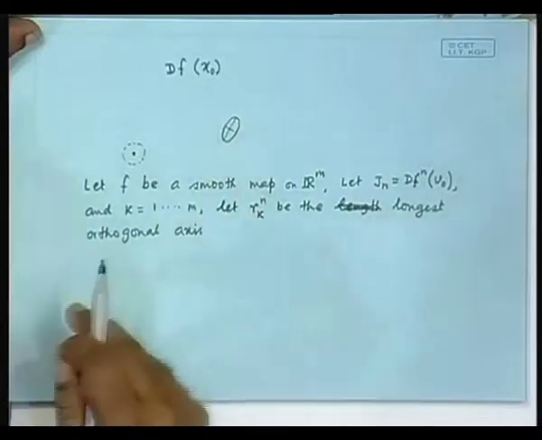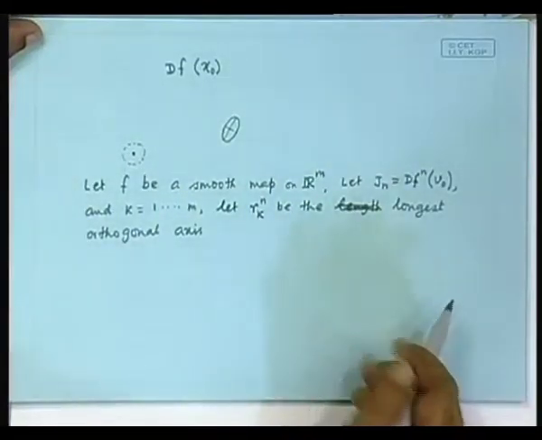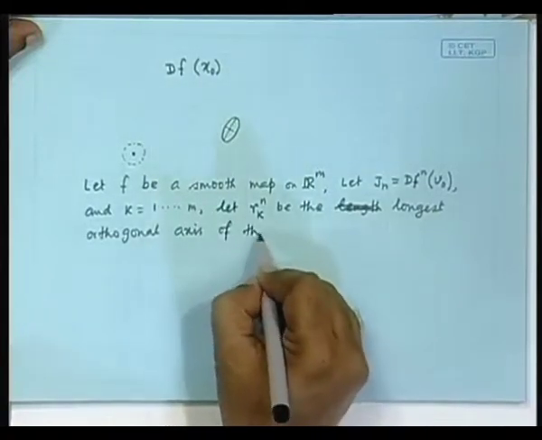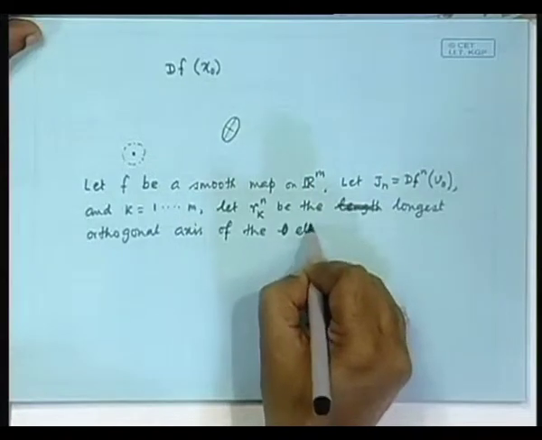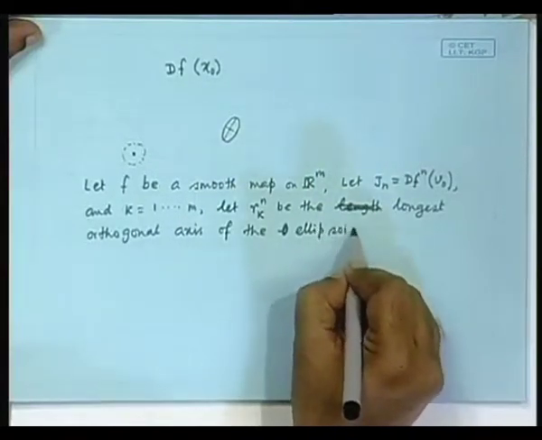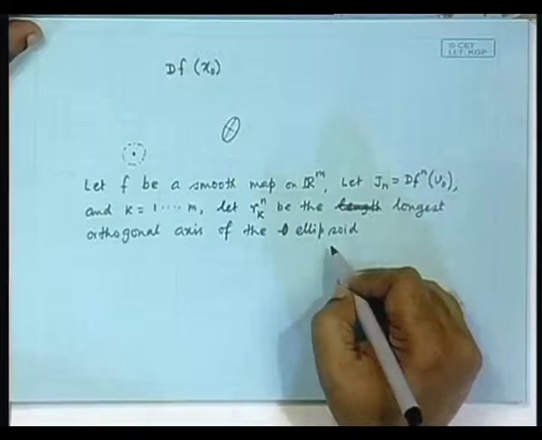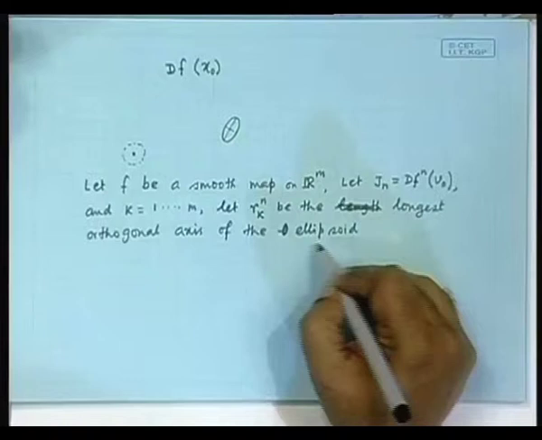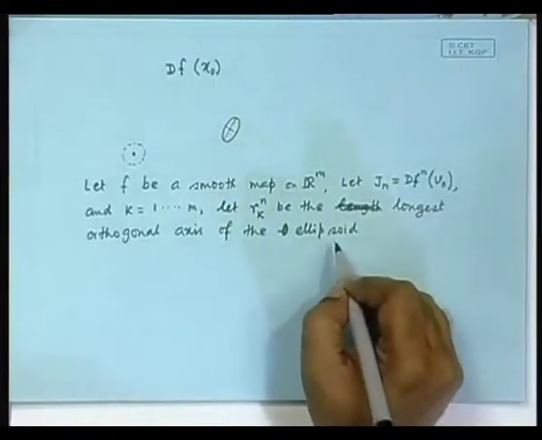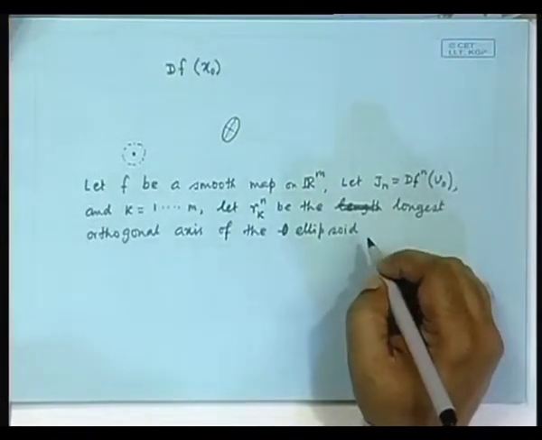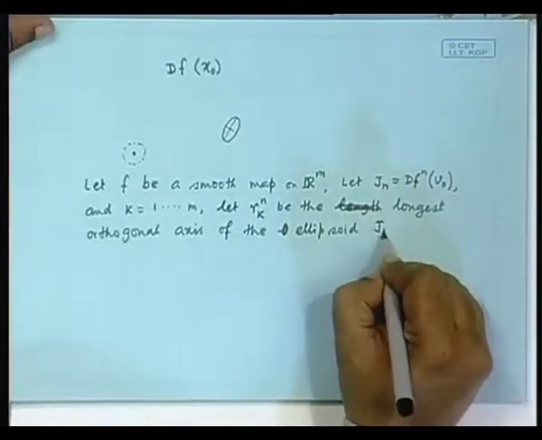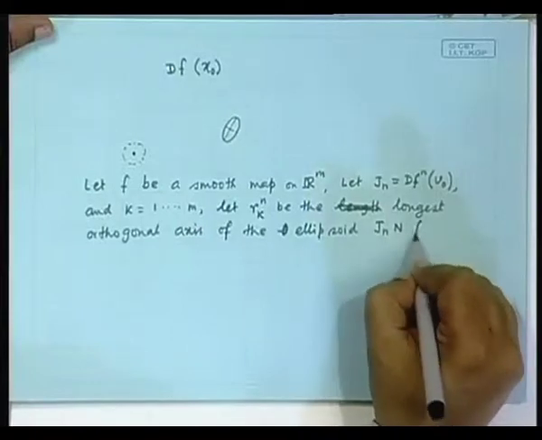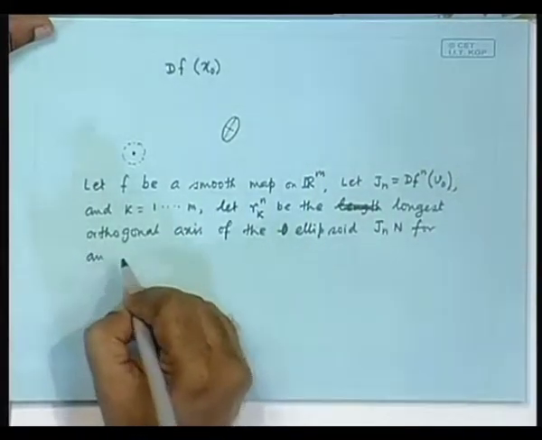So, this is the longest orthogonal axis that you obtain out of it, of the ellipsoid. Normally, it will be an ellipsoid. If it is 2D, then we will say it is an ellipse, but normally it will be an m dimensional ellipsoid. Jn for an orbit.